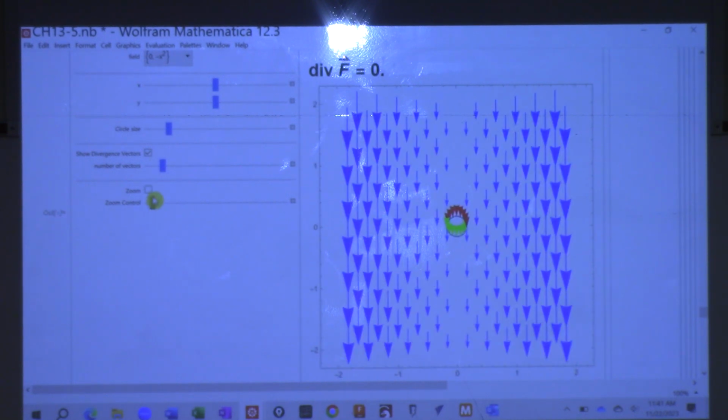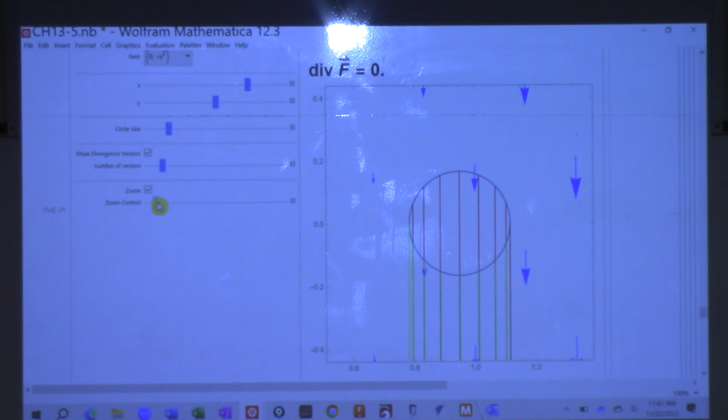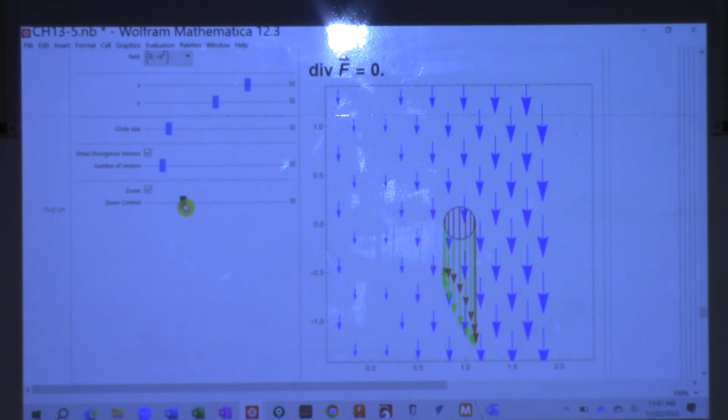Let me zoom back out. Now, what do you think is going to happen if I go to the right? We'll have more going in. There are longer vectors over there, right? But won't the green become long as well? So look at that, I'm zooming in on it.